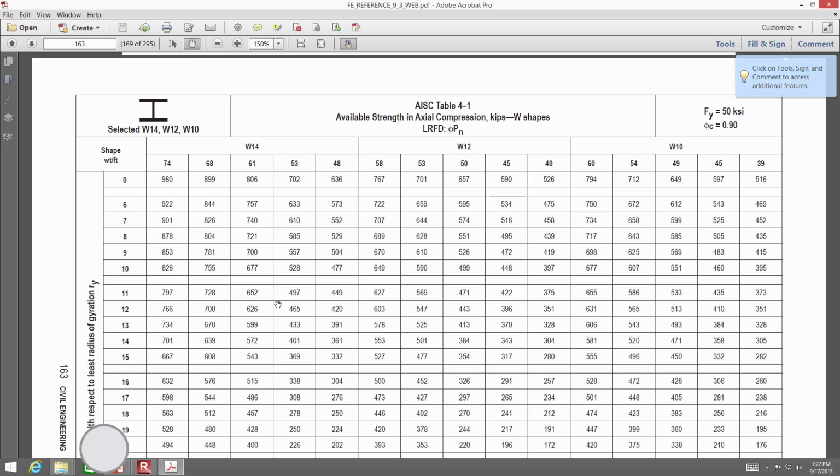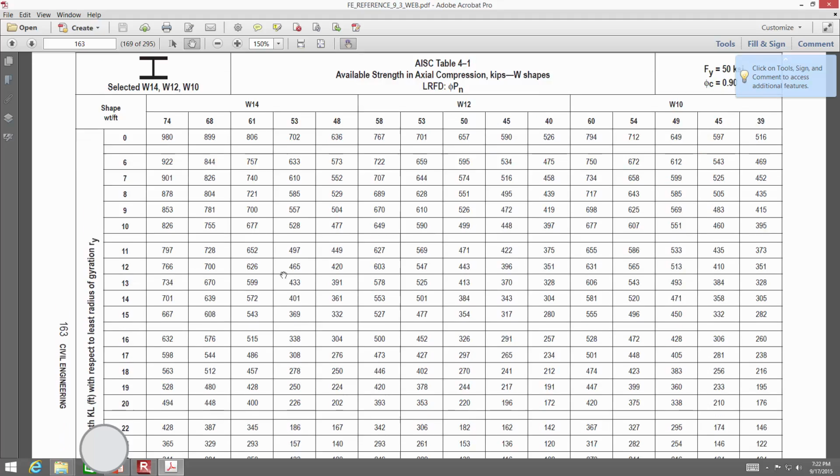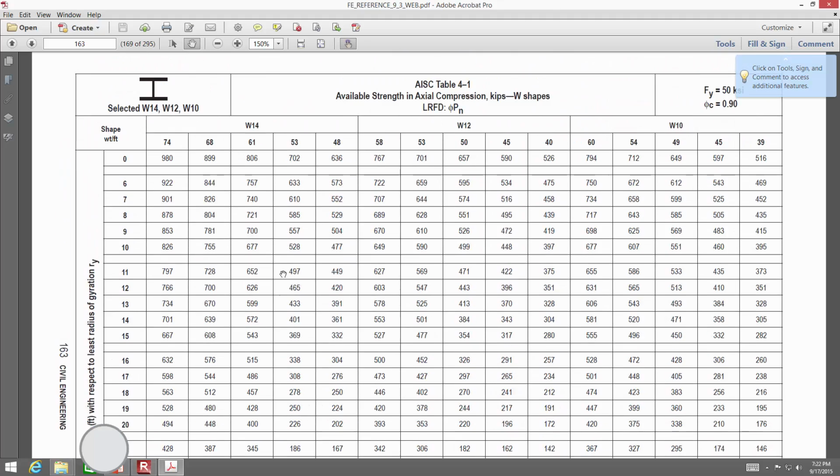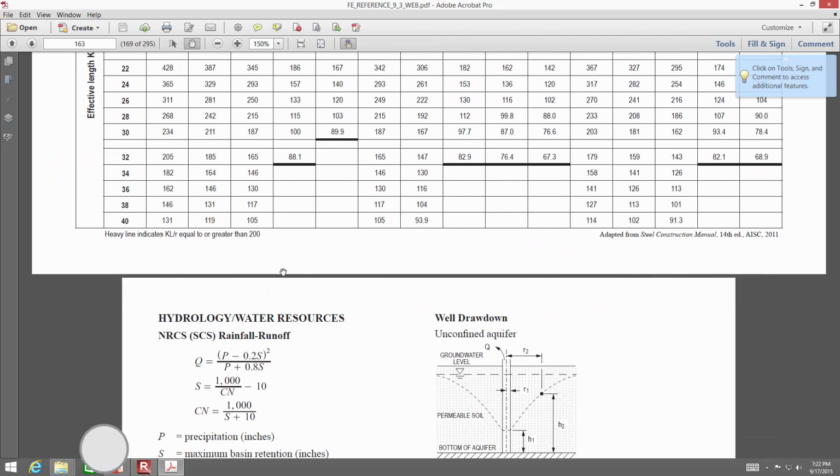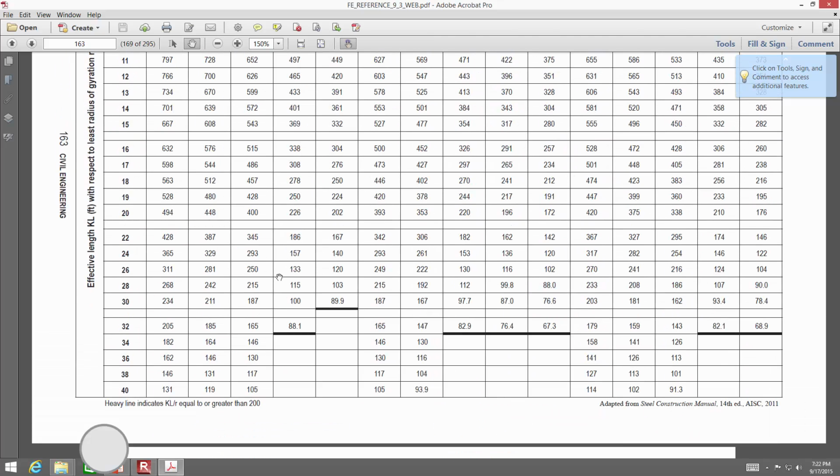Remember, you select based on the weak axis, and then you have to go back and check the strong axis by calculating KxLx over rx. But if you notice, they don't give you rx over ry. So what does that mean? Probably going to be covered by the weak axis. And if you're governed by the strong axis, it's most likely an analysis problem as opposed to a design problem.